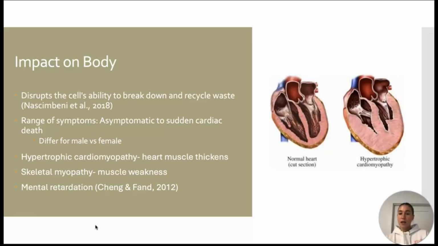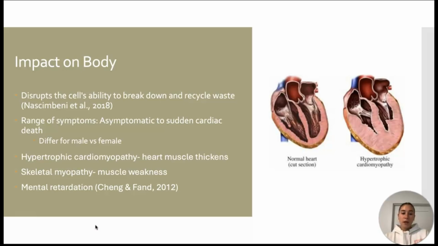And then with the hypertrophic cardiomyopathy, you can see how the muscle really thickens, and this causes that sudden cardiac death because the heart is having to work so hard to pump blood to the rest of your body. And if it gets too much, then your heart is overloaded, can't do its job, and thus causes the cardiac death.